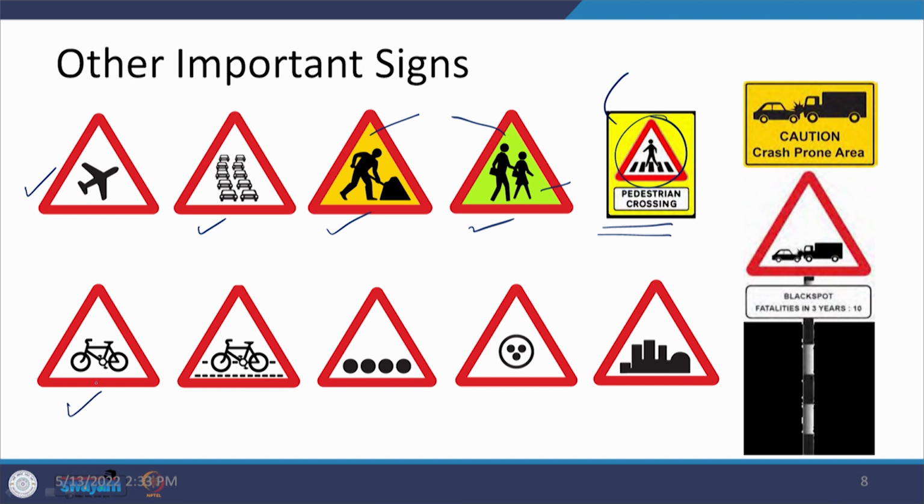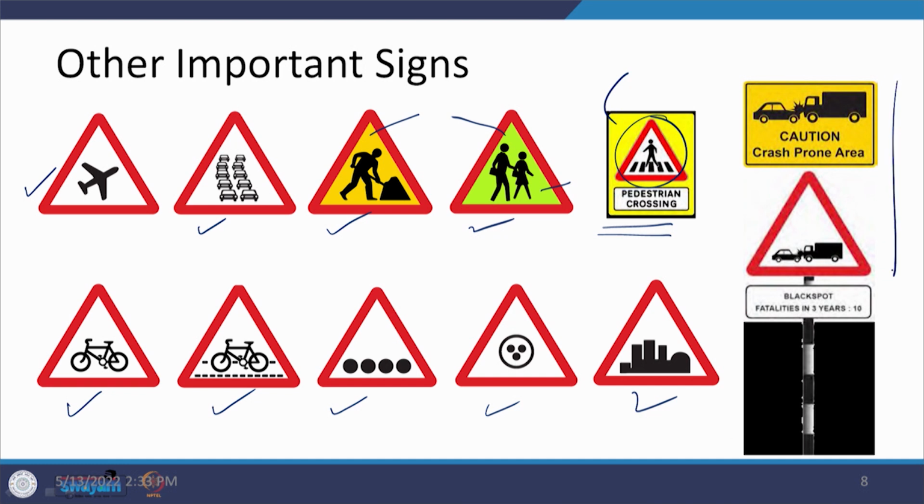This sign is related to the cycle lanes or the cycle tracks. There may be a possibility of people who are having a visual impairment. So, those signs are there, or deaf and dumb people are more at a particular location, that can also be intimated to the drivers. Industrial area or a developed area is there, then that can be defined.